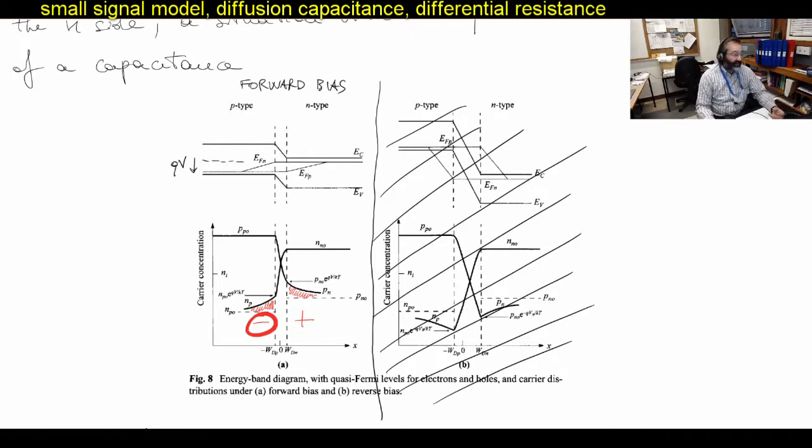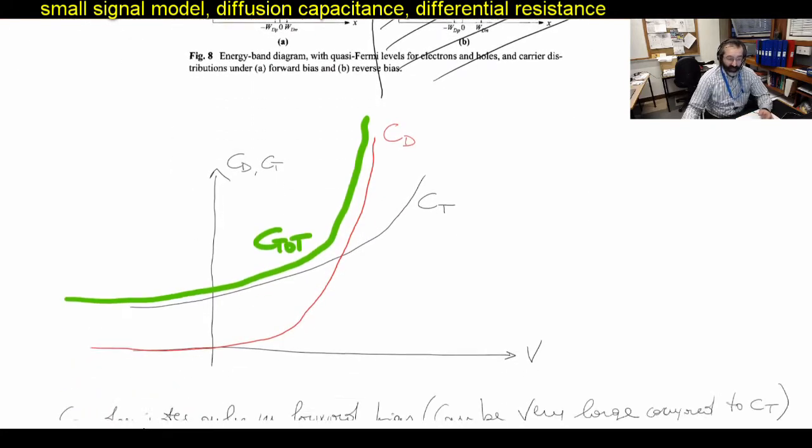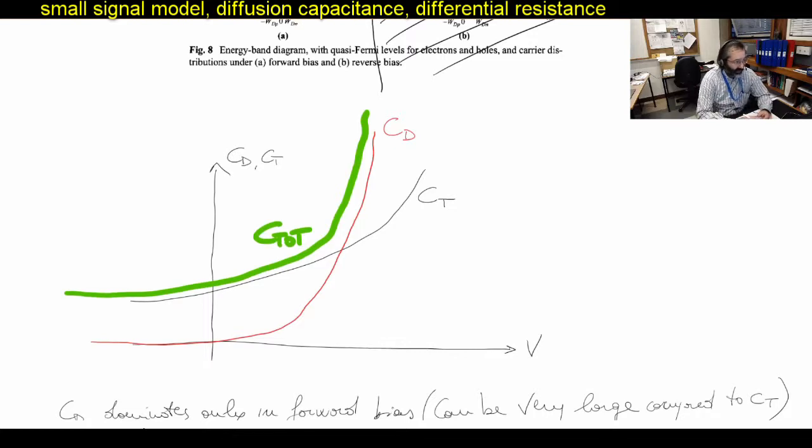Indeed, the diffusion capacitance is extremely big in forward bias, but in reverse bias it is actually negligible. As we also discussed the depletion capacitance, we should keep the following picture in mind.